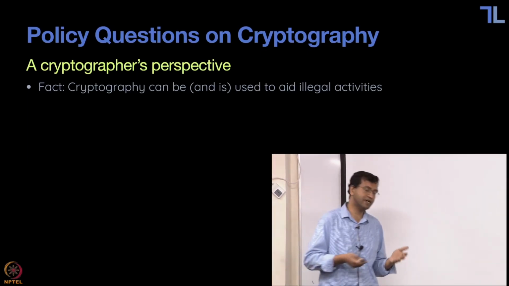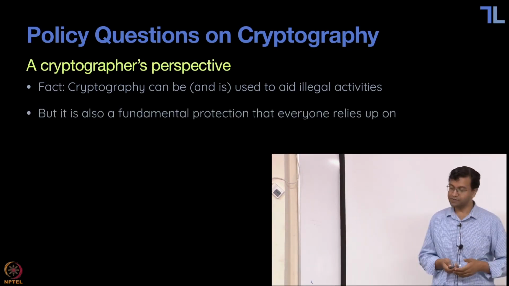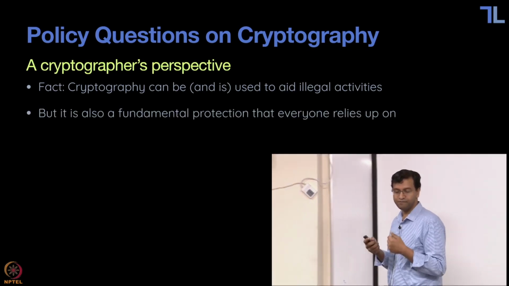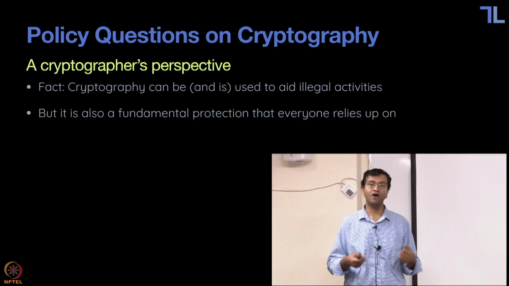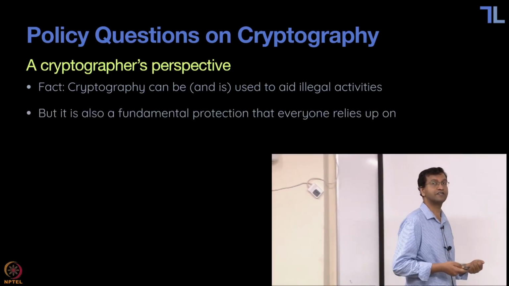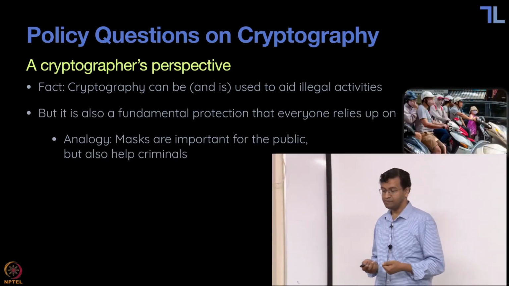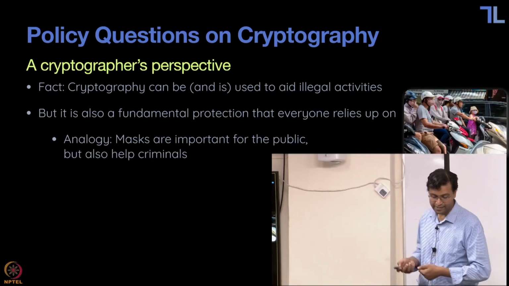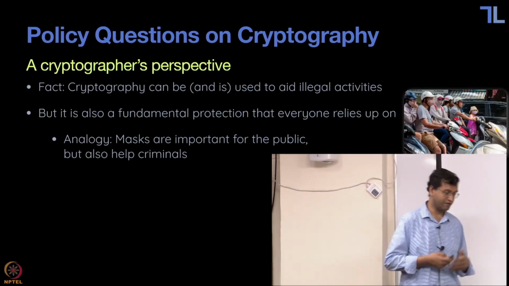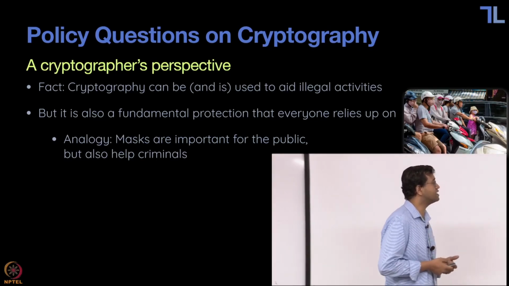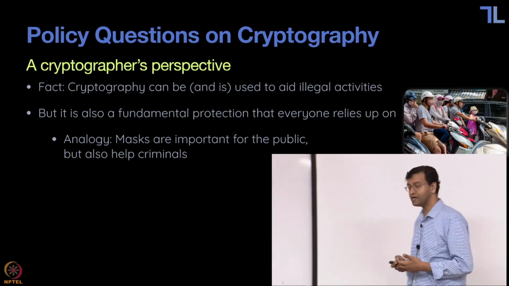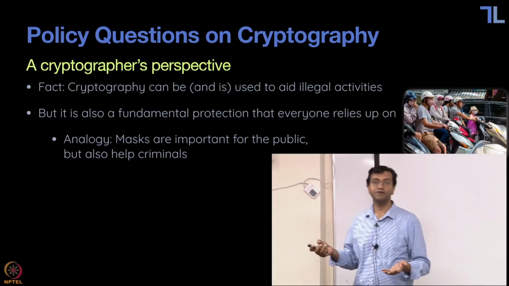Cryptography is used for illegal activities, but it's also fundamental protection that all of us rely on a lot. Just to give an analogy, I'm not sure how convincing it is, but think of something like masks. They are important for the public.